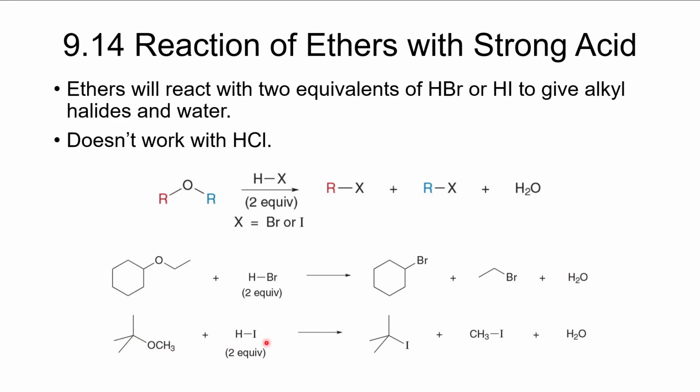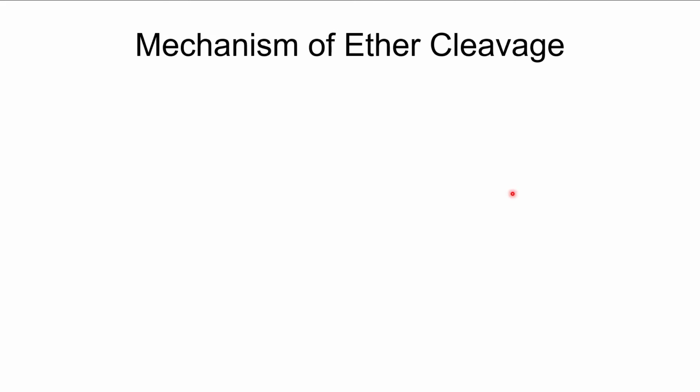That will give us the tert-butyl iodide and the methyl iodide as well, and water. The mechanism of this is really interesting. The mechanism is going to depend on the identity of the alkyl group. And in fact, we can have 2 different mechanisms in the same cleaving reaction.